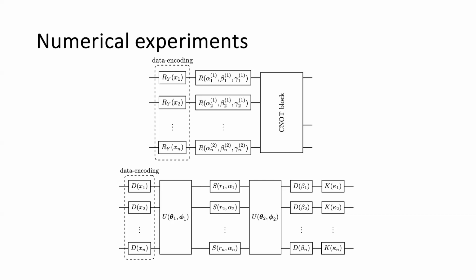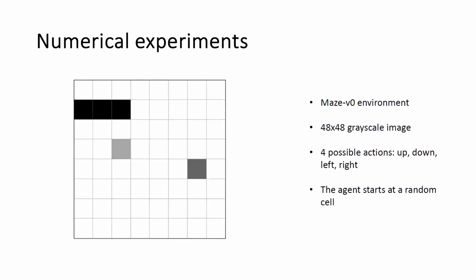Because the maze has discrete actions, doesn't it? The maze example. Yes. So how do you deal with the case where you have continuous actions? Yeah, so this is a discrete action.